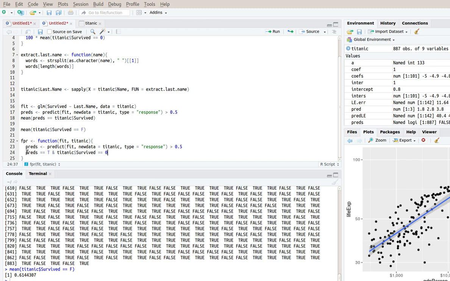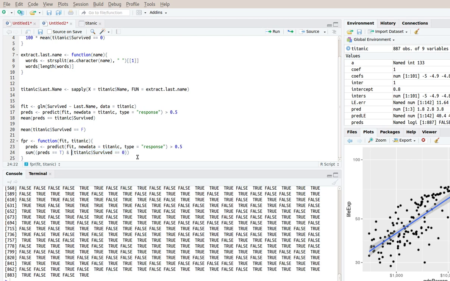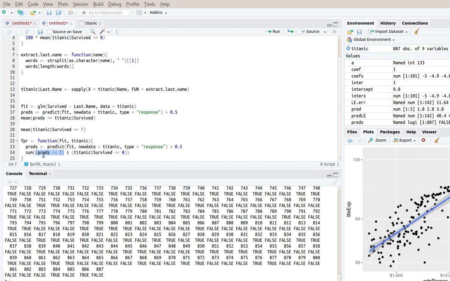By the way, I'll be nice and put parentheses. The reason preds does not have Titanic$ in front of it is that preds is just a variable, but survived is a column of Titanic, so in order to access it, I need to say Titanic$. Now, in order to count how many of those there are, I'll just do sum. The reason this works is because this is trues and falses, and this is also trues and falses, and the only way both are true is if the prediction is true but survived is 0, which is what we want.